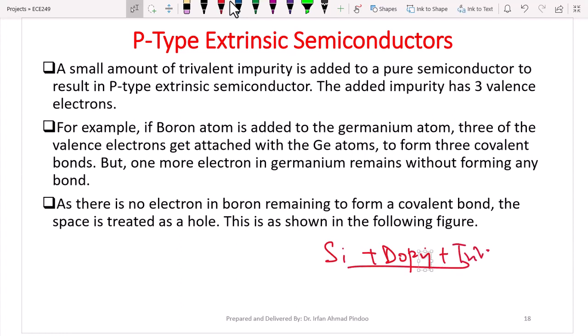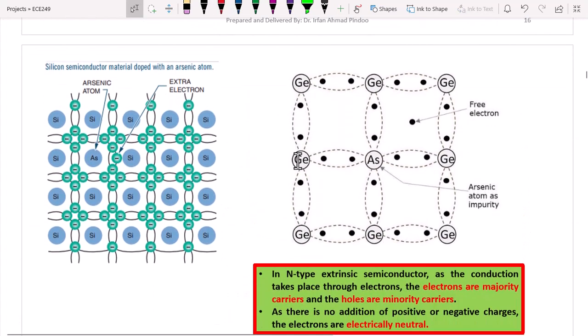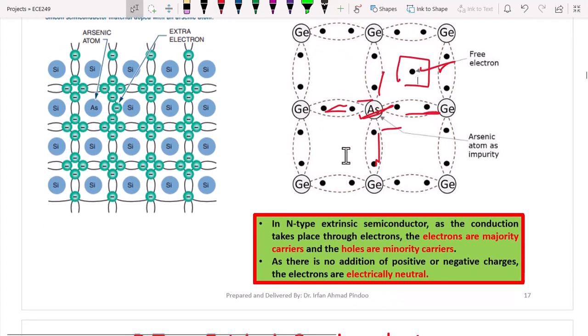There are some examples given in the diagram, so you can follow that also. This slide shows arsenic, which has 5 electrons, so 4 of them make bonds with germanium, because germanium is also a pure semiconductor, and the 5th one is free, so it can help make the conductivity better.